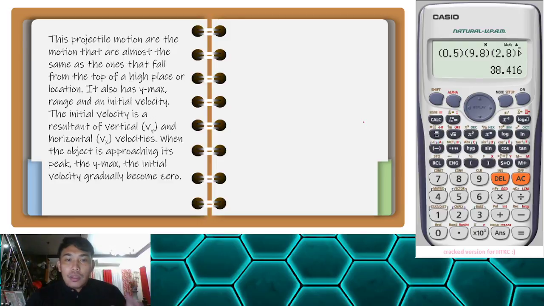Another point here is that when the object reaches its peak, or the y max, the velocity becomes zero. Meaning whenever the object travels from its starting point until it reaches the top, the velocity gradually becomes zero. When it reaches the peak, it stops moving.